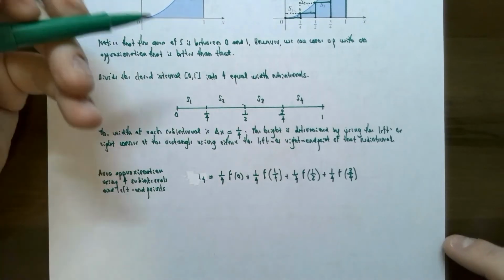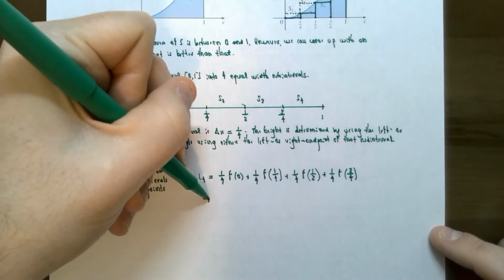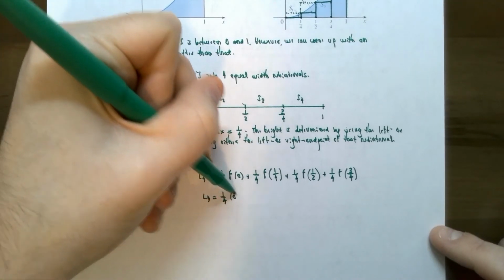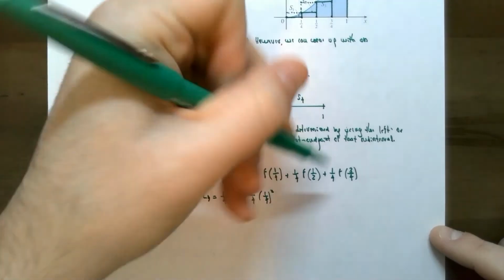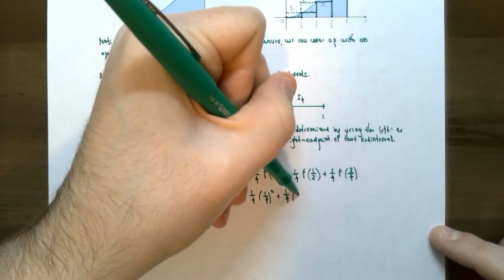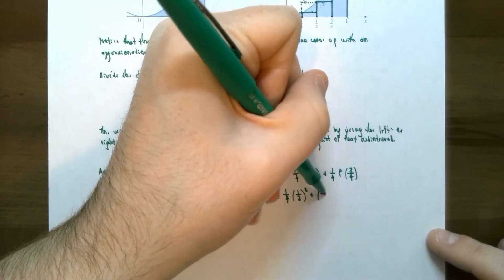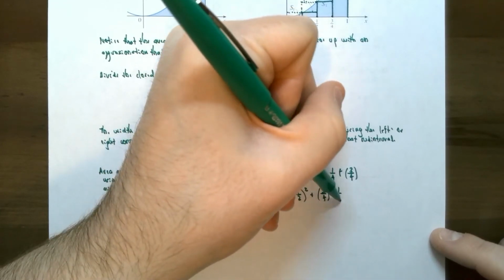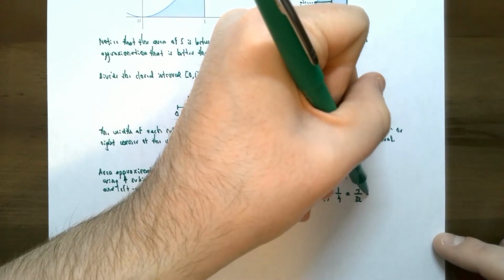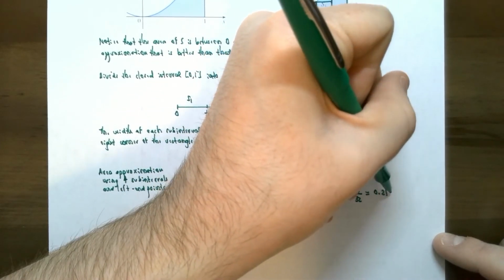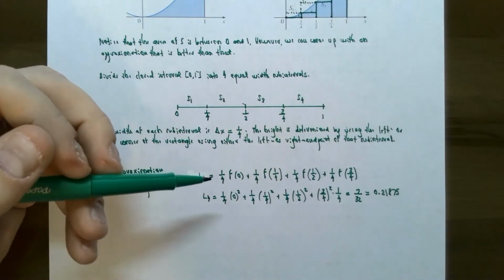So remember that the function is y equals x squared. So L sub 4 would be 1/4 times 0 squared plus 1/4 times 1/4 squared plus 1/4 times a half squared, and so on. You're taking each of these x values and squaring them because that's the function. And this will calculate to be 7/32, which is equal to 0.21875. Keep in mind that this was an underestimate to the actual area.